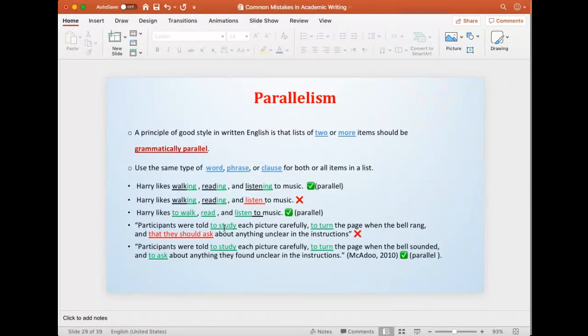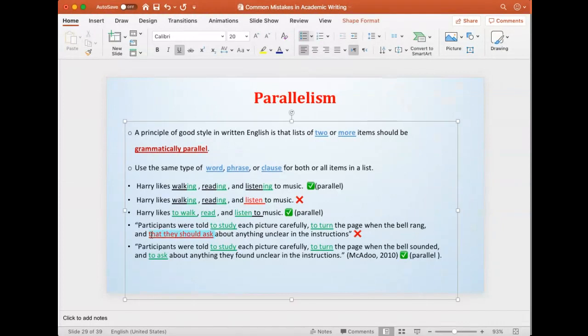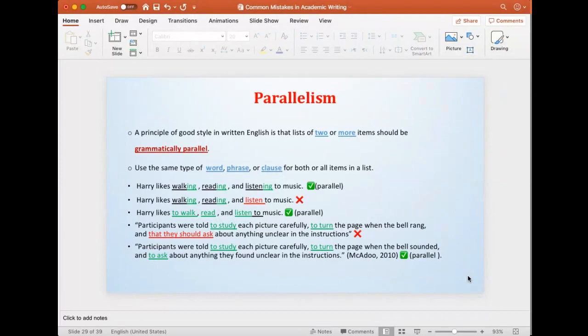Participants were told to study each picture carefully, to turn the page when the bell rang, and that they should ask. So this is a problem here. It should follow the same rule by changing it to ask. We mention the commonalities of the items, how they share commonalities among them, and then we itemize them accordingly.